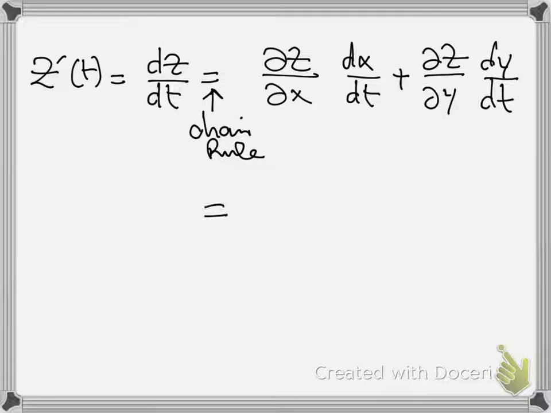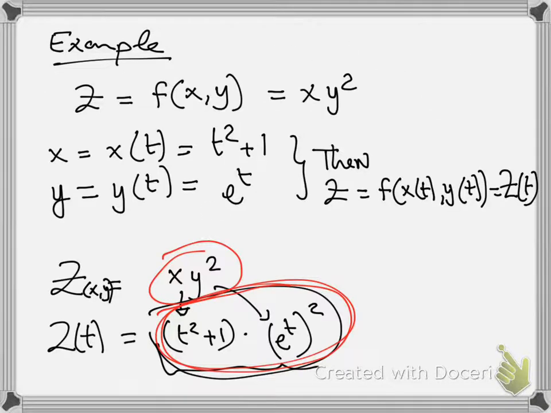So what's partial z partial x? So this is my z, right? So partial z partial x, we derive with respect to x, so then y is a constant. So this is like x times, y is a constant, so of course y squared is also constant, so that's like x times a constant. And what's the derivative of x times a constant? Like what's the derivative of 3x?